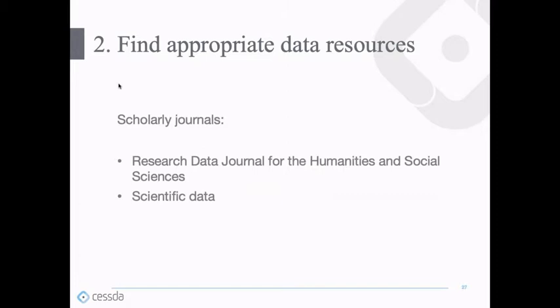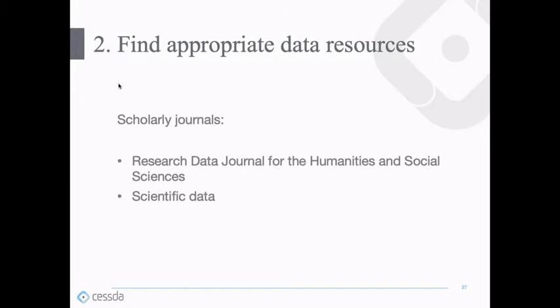The last option to look for data are scholarly journals. There exist specialized data journals which publish descriptions of scientifically valuable datasets. For example, the journal Research Data Journal for the Humanities and Social Sciences, or the other one, Scientific Data, which is a branch journal to Nature.